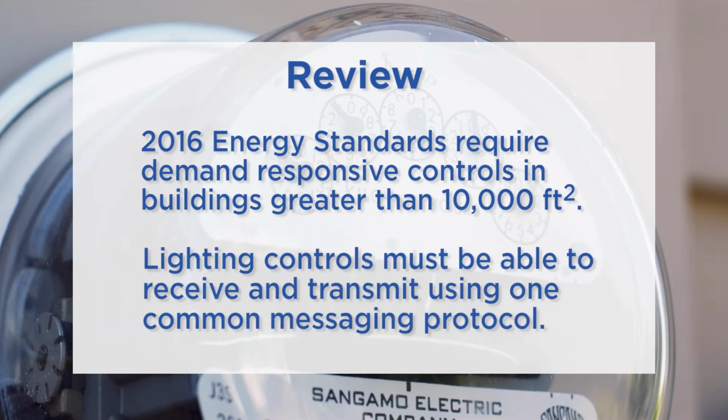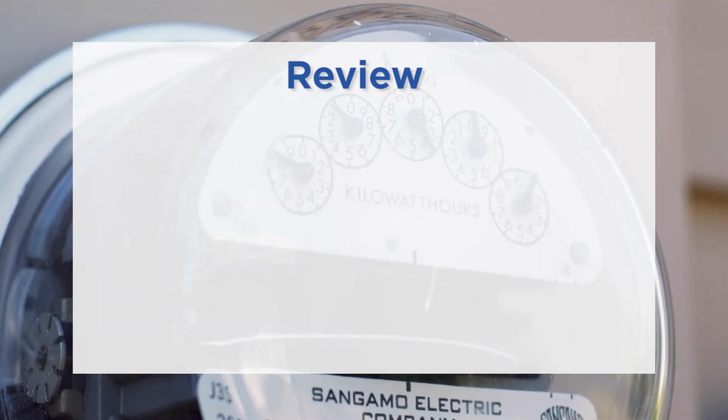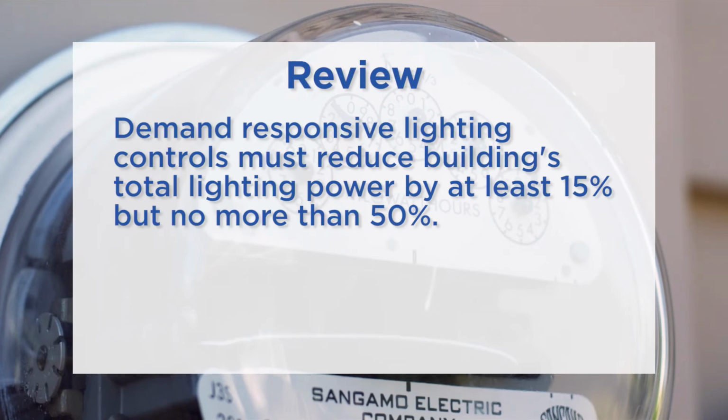Demand-responsive lighting controls must be able to automatically receive and transmit using at least one common standards-based messaging protocol. In response to a demand response signal, demand-responsive lighting controls must reduce the building's total lighting power by at least 15%, but no more than 50%, as compared to full output, excluding spaces with a lighting power density of 0.5 watts per square foot or less.